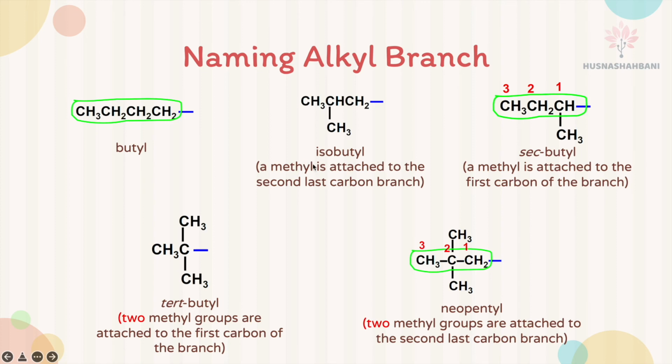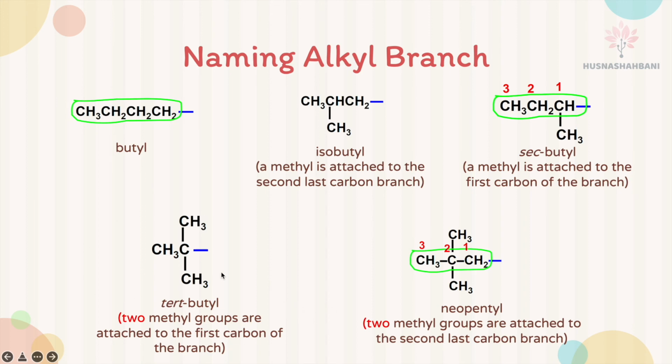Here, iso, methyl attached to the second last carbon. You name it as iso. If the methyl attached to the first carbon of the branch, the name is sec. Butyl, total number of carbon branch. So sec butyl. Sec means the position of a methyl group at carbon number 1.